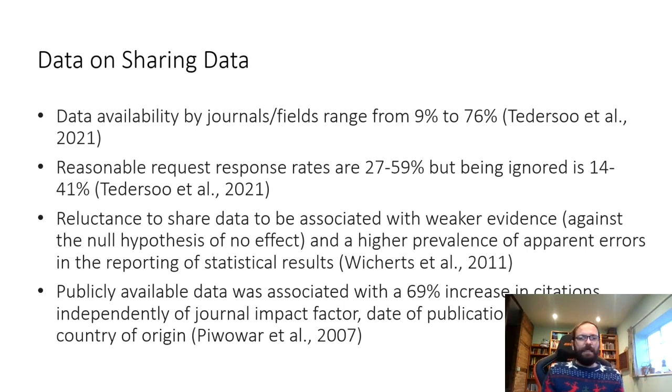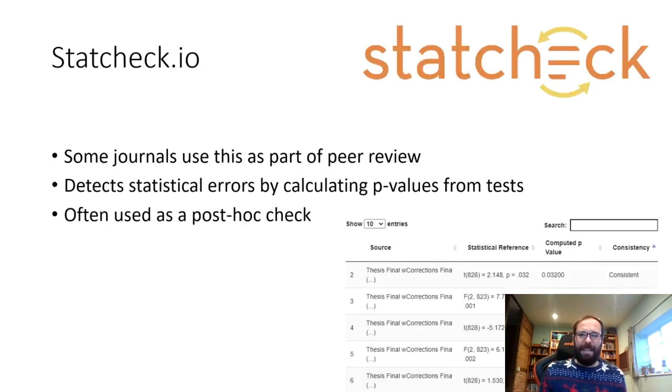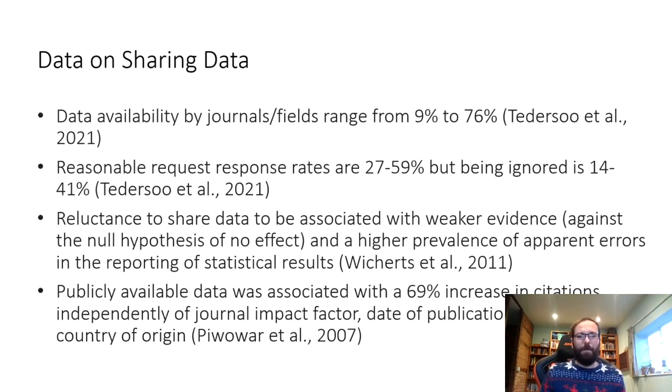And what we know is data availability by journal or field does tend to vary quite dramatically. It tends to range from about 9% to 76%. Obviously, even anything below 100% is probably problematic. So this tells us something about the scope of availability across fields.